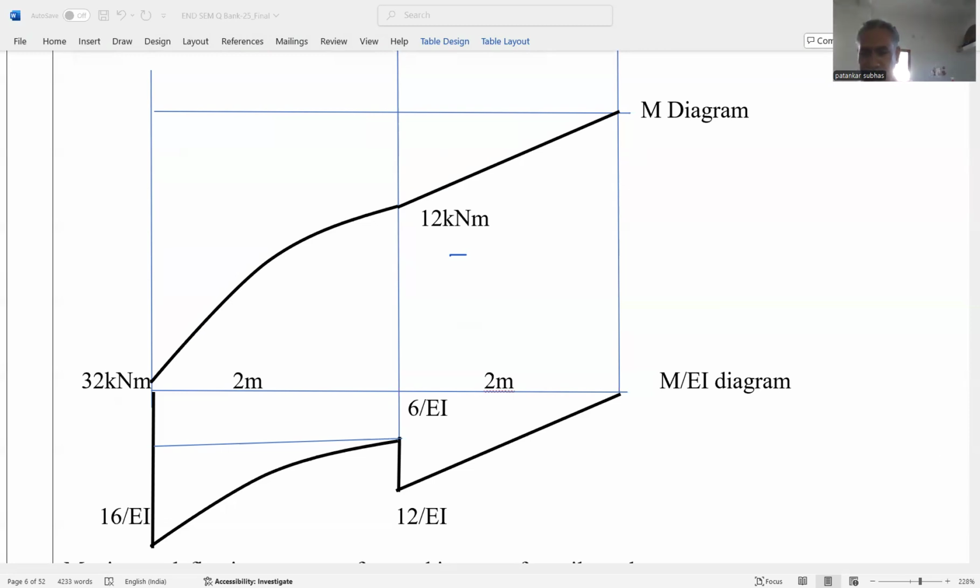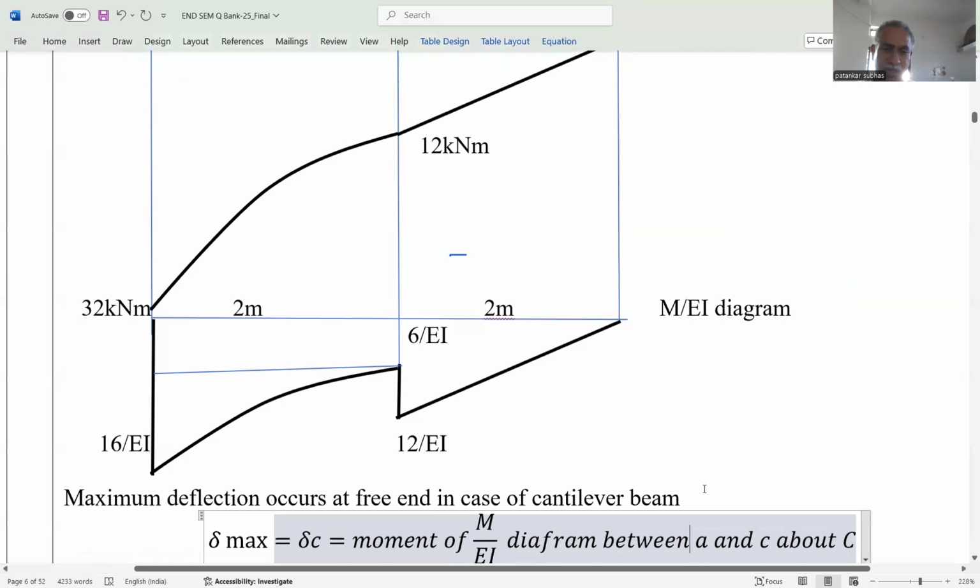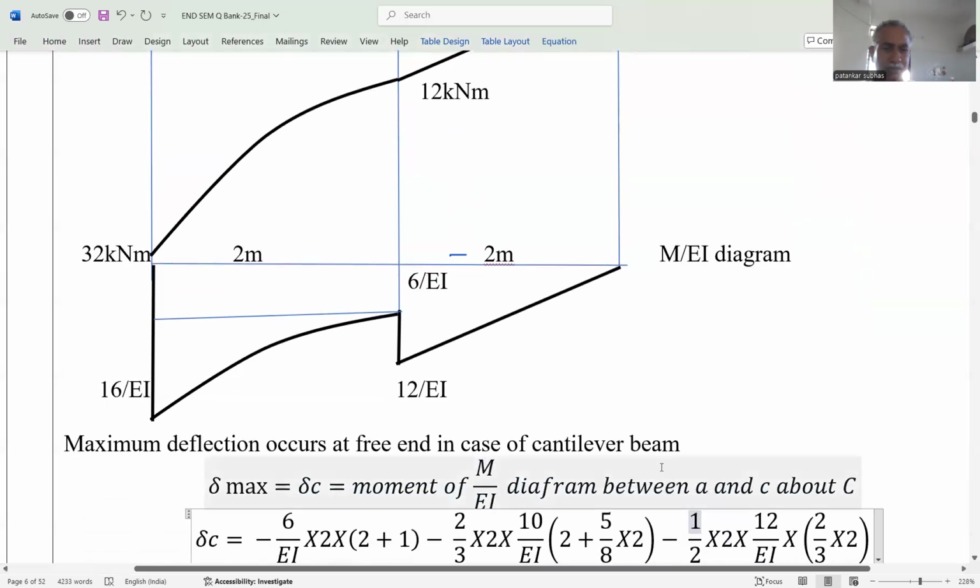Here we can solve this problem by using the moment area method. So maximum deflection occurs at the free end, as in the case of the cantilever beam, as we have already discussed. That's why delta max is equal to deflection at free end, that is C, is equal to moment of M by EI diagram between support A and C about C.